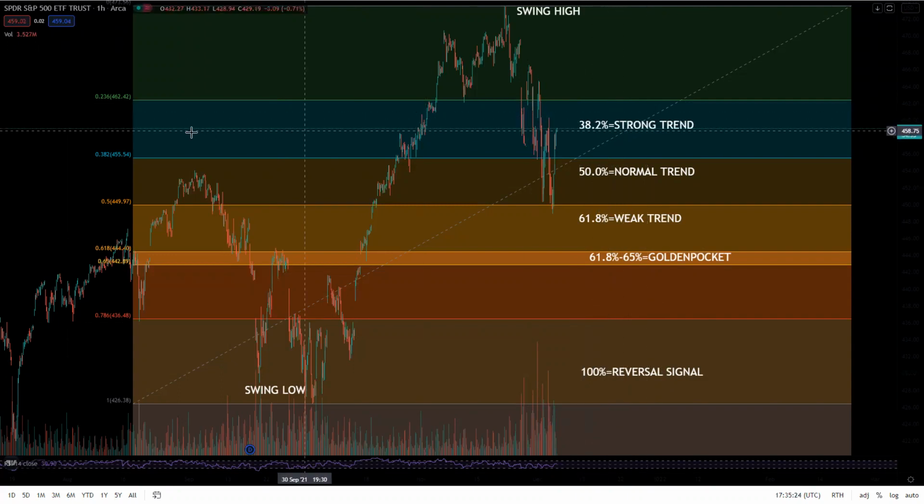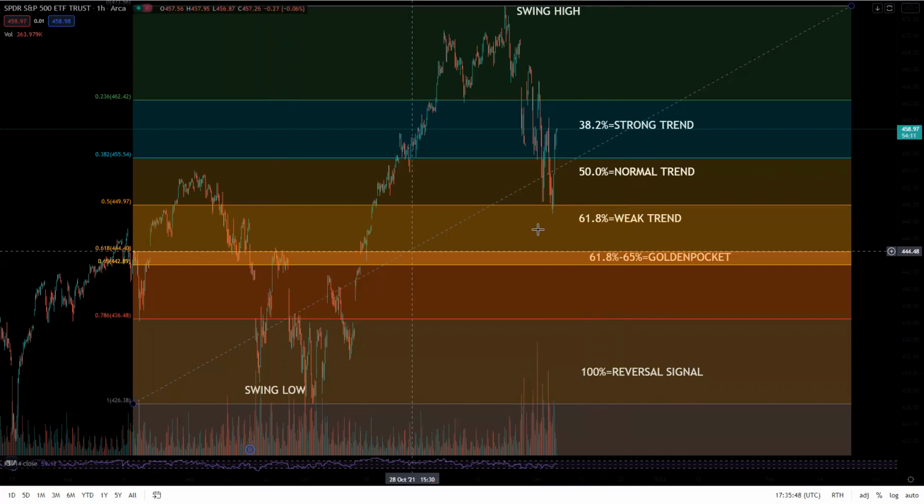Now, if you come back down to the 50% level and you bounce off of the 50% level like it's currently doing, you have what's known as a normal trend. So this is a normal, healthy pullback. This would be a strong pullback. If we pull back and only bounce here and then go, then hey, we're in a strong upward trend. If we bounce here, it's a normal trend.